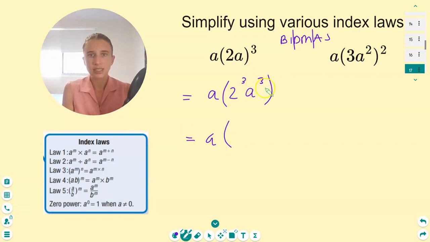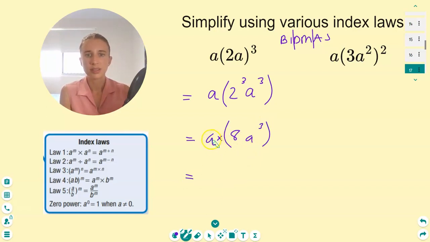So we brought that index law into the brackets: 2 to the 3 is 8, a cubed. Now, there's a little invisible multiply sign, and there's actually a little invisible 1 too. A written on its own means there's a power of 1 there. Invisible ones.